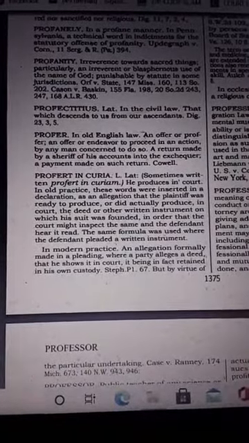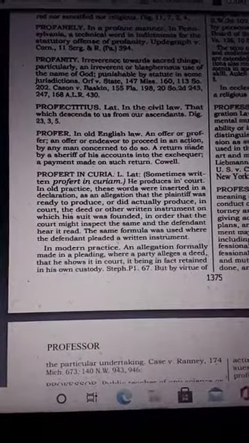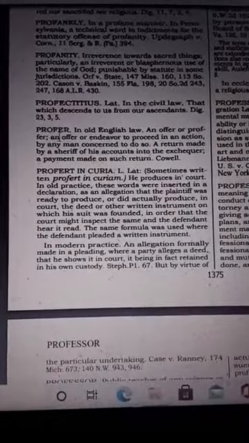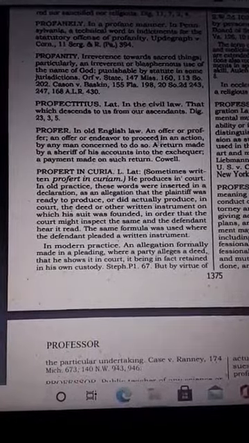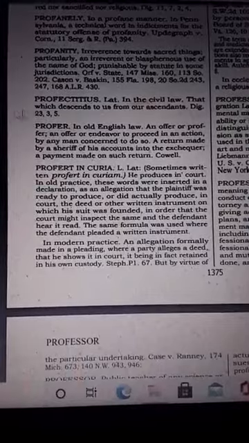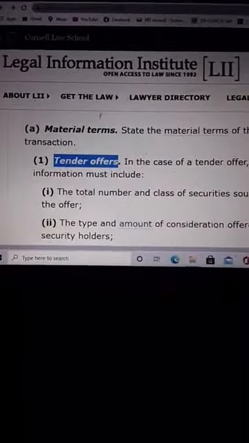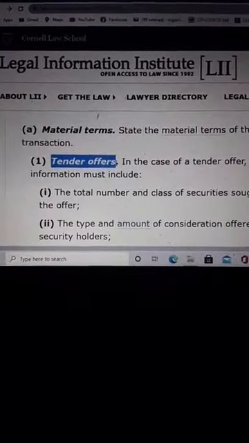Proffer, an offer, or endeavor to proceed in an action. Proffer and tender mean the exact same thing. It means an offer. Know your words, people. They're babbling here.